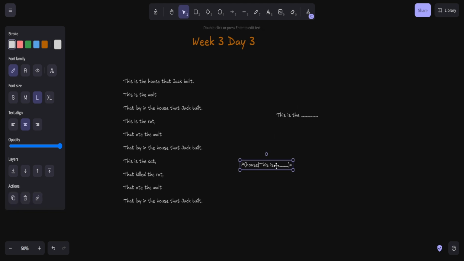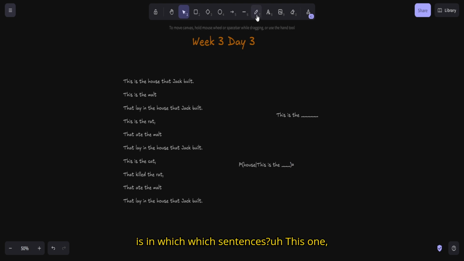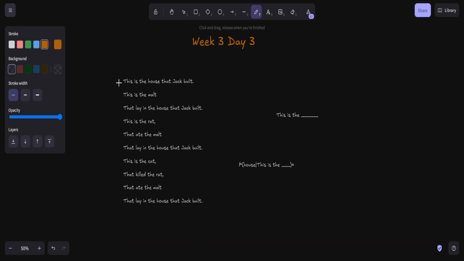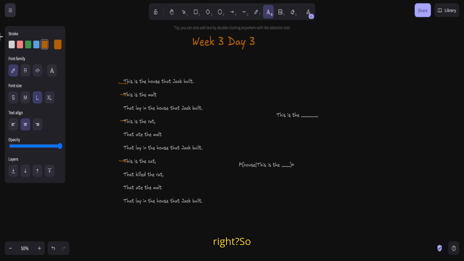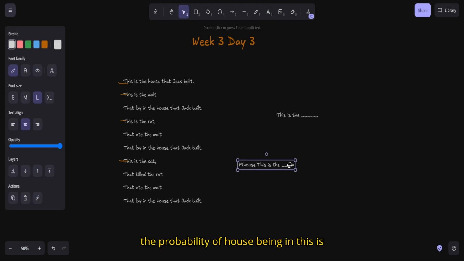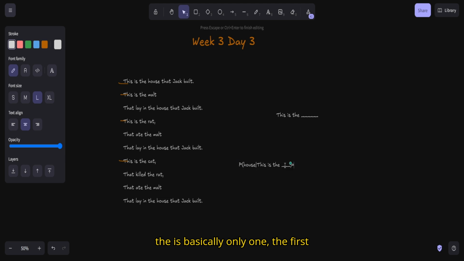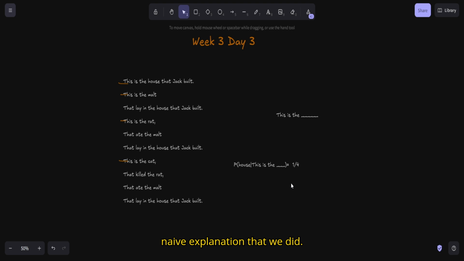So "this is the" is in which sentences? This one, this one, this one, and this one also. So four sentences, right? So the probability of house being in this is basically only the first one. So 1/4. This is some naive explanation that we did.